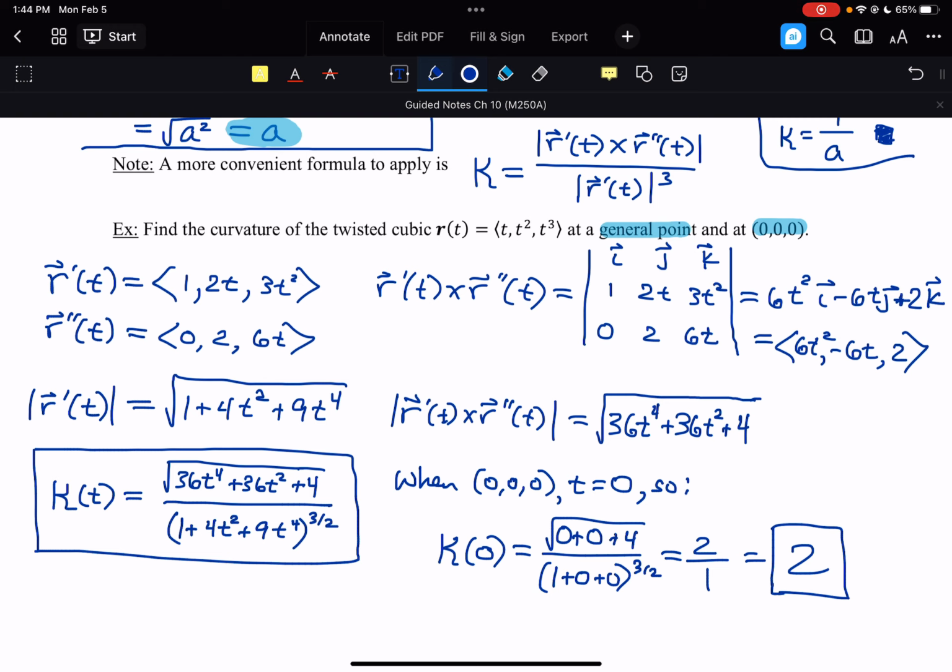So we have the general curvature formula on the left, and we have the curvature specifically at the point 0, 0, 0 on the right, which is 2. And if we were to calculate the curvature at a different point, we would presumably get a different value. We could do that for any point that we desired along the entirety of this twisted cubic, of this curve.